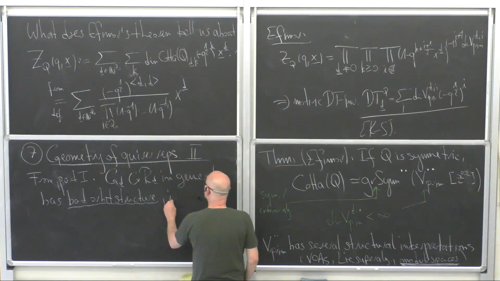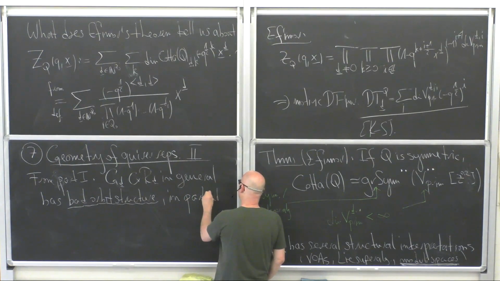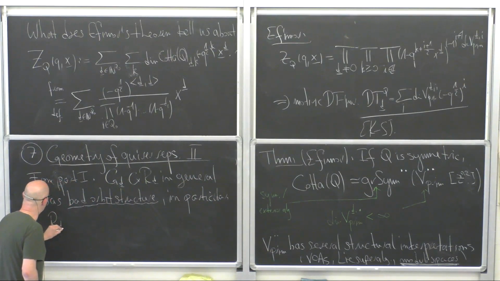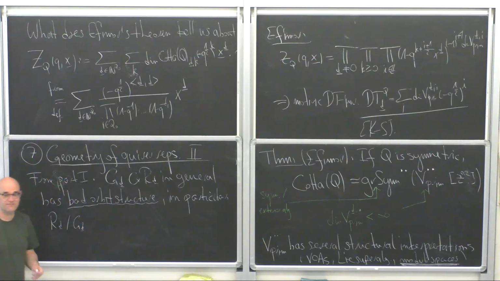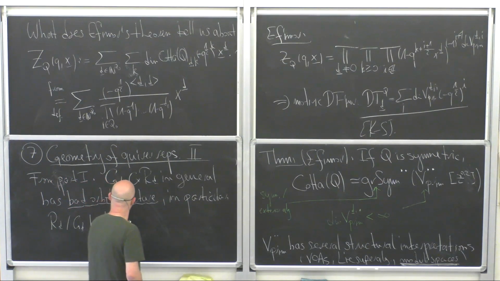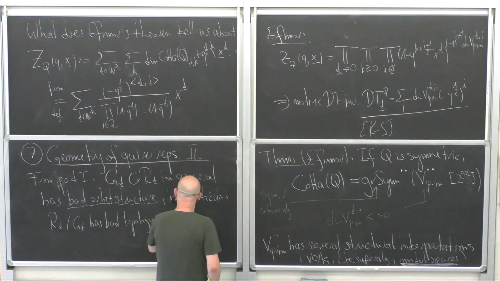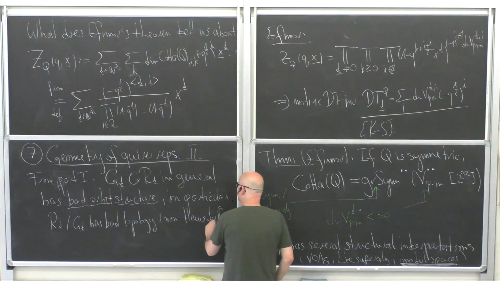In particular, in general, if you just take the orbit space, RD by GD, with its natural topology, this has a very bad topology. It's non-Hausdorff, you have non-closed points, etc. So you cannot separate points.